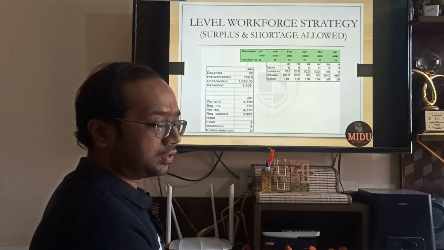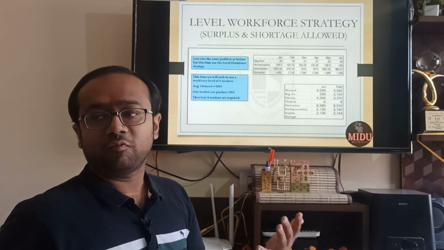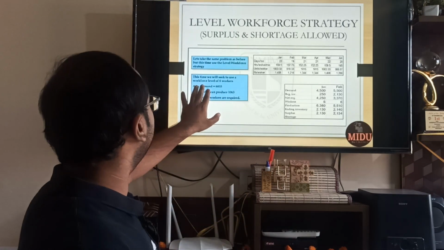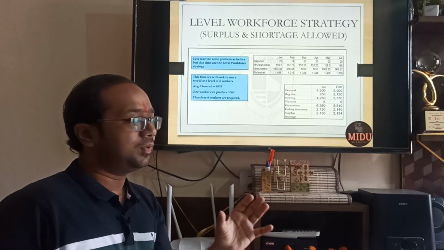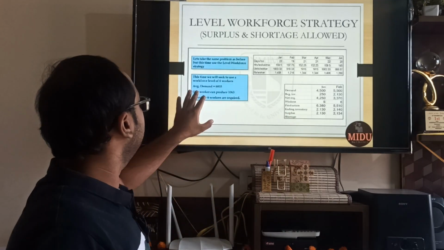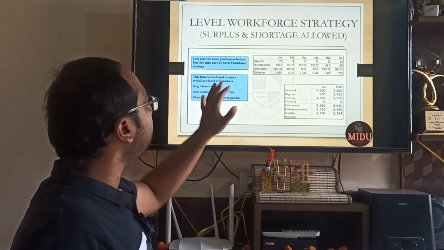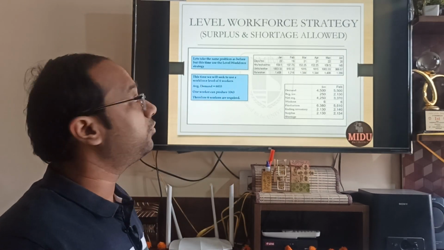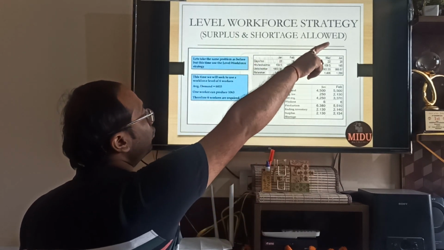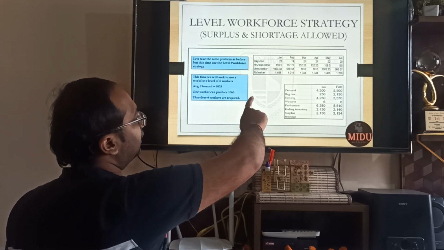Now let us continue on this same example. First of all, from the 6 months' demand, we calculate an aggregate or average demand. Average demand is basically the 6 demands divided by the period. So if you have 6 workers, we are keeping the number of workers fixed. That is why it is called the level workforce strategy. In January, one worker can produce 1063, correct?